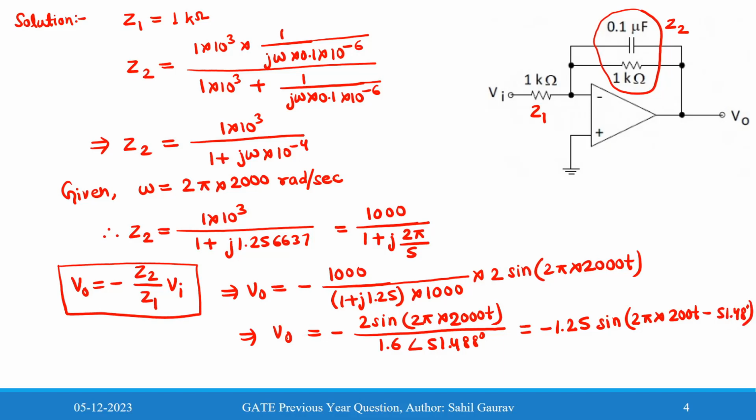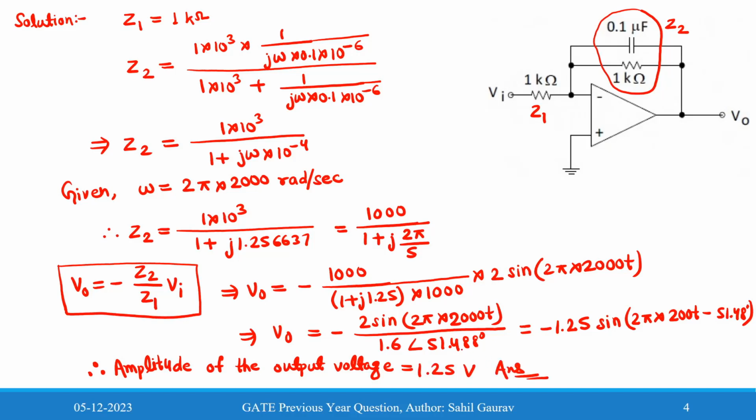This is the final expression for the output voltage, and in this problem it is asked for the amplitude of the output voltage. The amplitude of the output voltage will be 1.25 volt. So this is the answer.